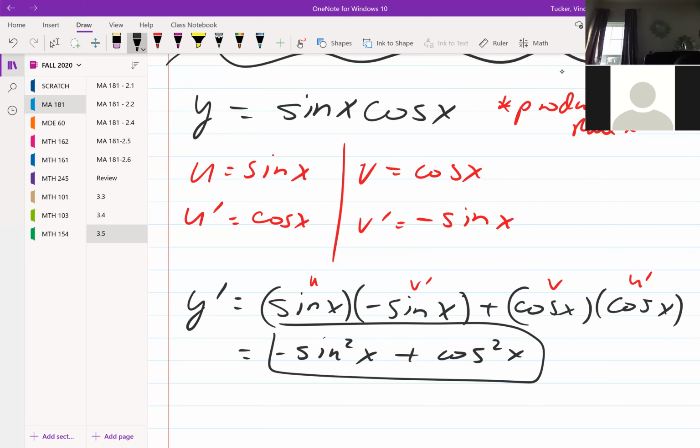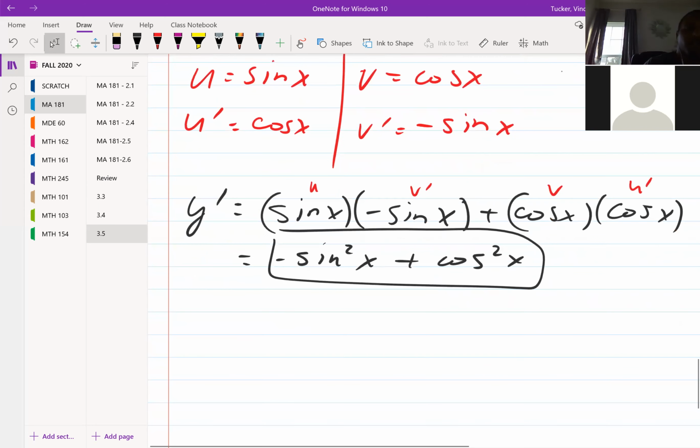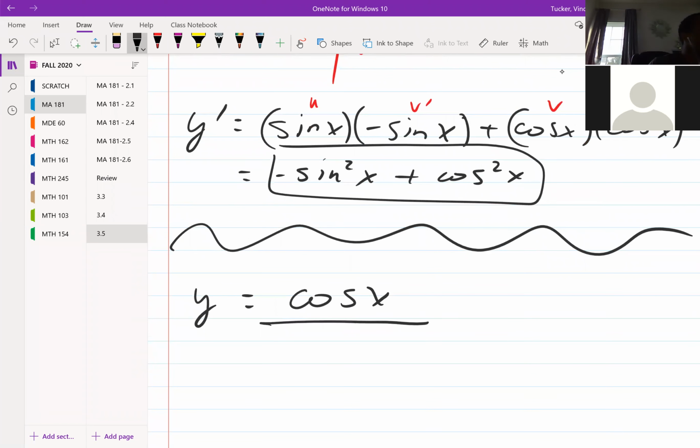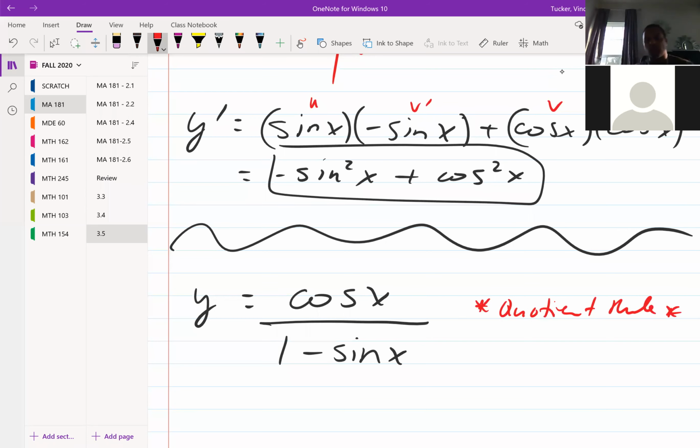All right, where did my other problem go? Here we go. Any questions or concerns before we look at another one? All right, so we have to use the quotient rule like we talked about before.